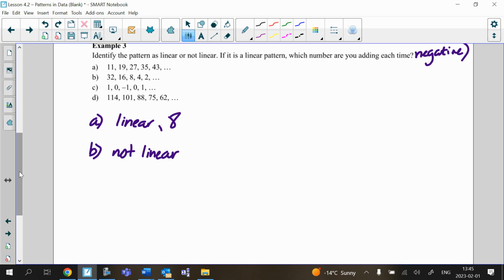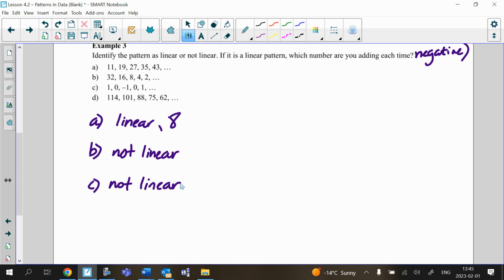And for D, we're going down. The question is, are we going down by the same amount every time? How much do I go down by to get from 114 to 101? 13. So I'm adding negative 13.